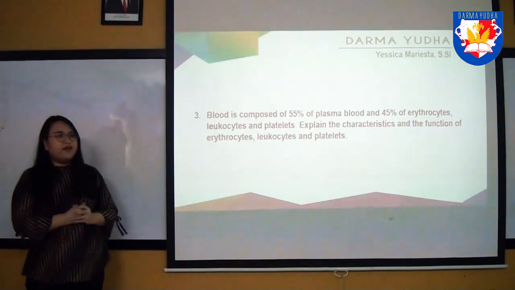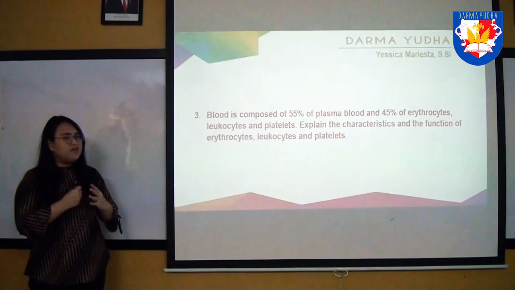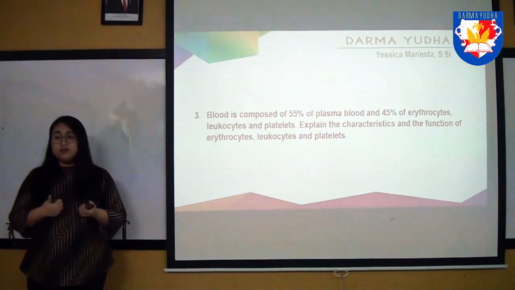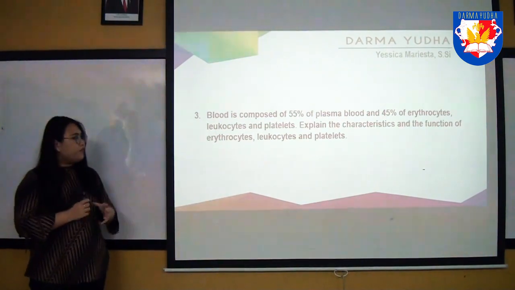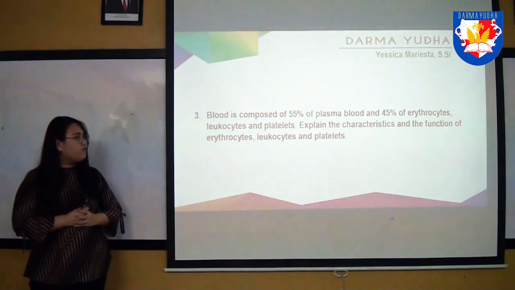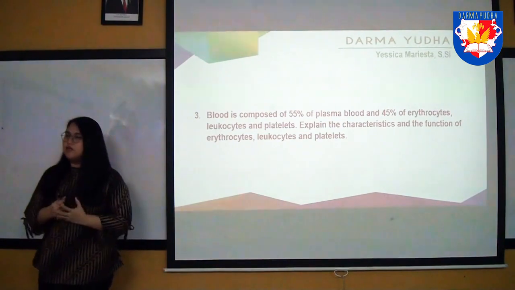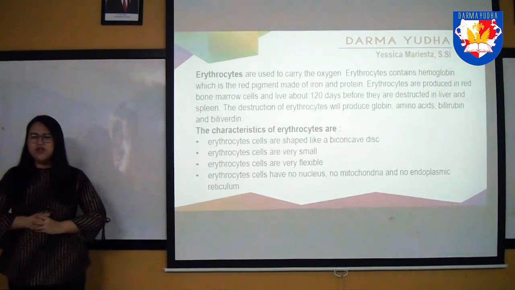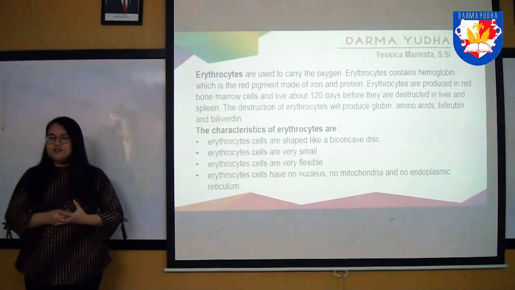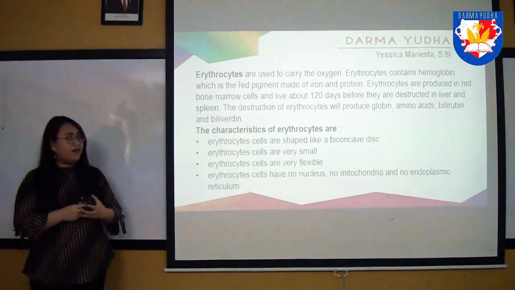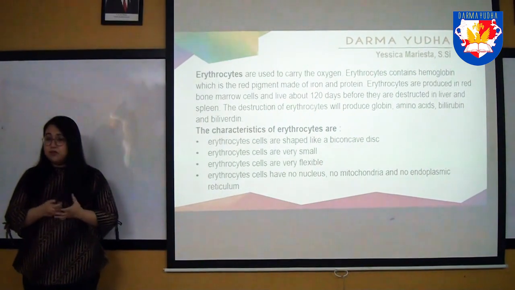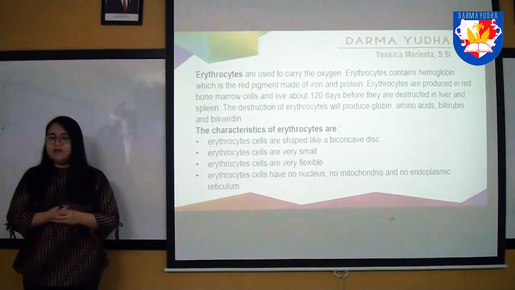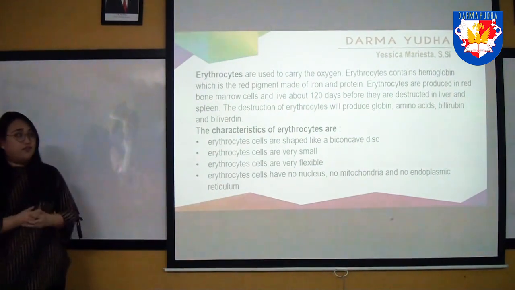The third one: we know the blood is composed of 55% plasma and 45% erythrocytes, leukocytes, and platelets. The question is to explain the characteristics and functions of the erythrocytes, leukocytes, and platelets. Erythrocytes are used to carry oxygen. Erythrocytes contain hemoglobin, which is made of iron and the protein globin.